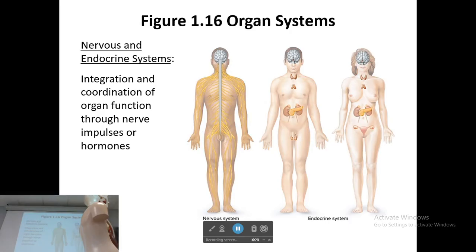Okay, what do you see up here? What do you think this one represents? The nervous system, right? See if you can find any organs of the nervous system on your models. Okay, I heard somebody say brain was there. You see anything else in there?